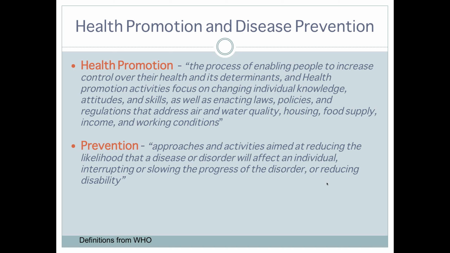So we might prevent a disease from ever happening, we might slow its progress, or we might reduce the disability consequences of that particular disorder. And any of those activities, either the prevention, slowing progress, or reducing disability, are part of prevention, disease prevention.